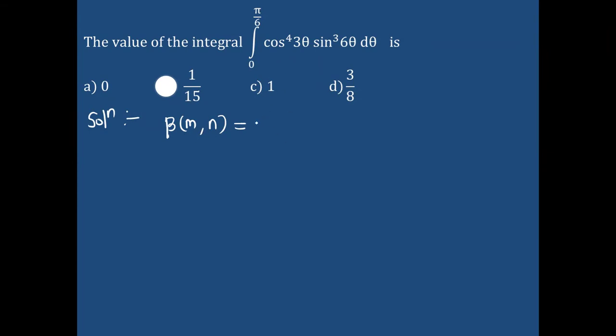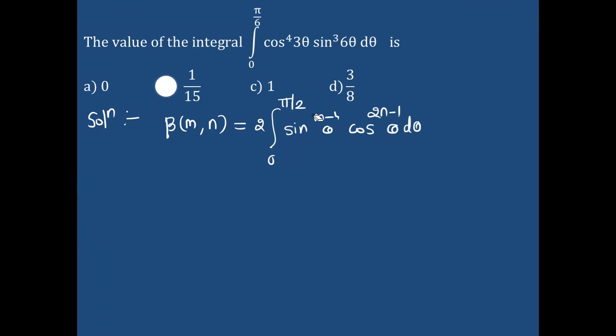Beta of m, n is equal to 2 times integral 0 to pi by 2 of sine to the power 2m minus 1 theta and cos to the power 2n minus 1 theta. Further, by using the relation between beta and gamma function, this takes another form, which we use as a formula.